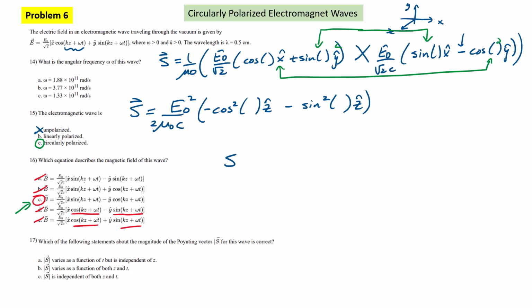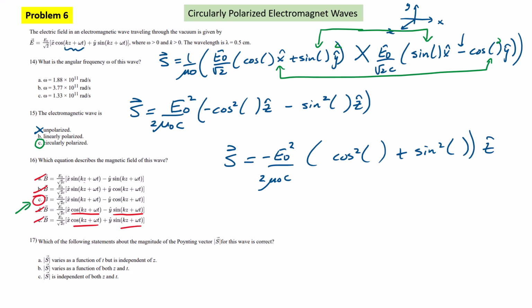All right, we are now at the final expression. We get E0 squared over 2 mu 0 c. I'll bring the negative sign in the front. And look what we have here: cosine squared of this entire argument plus sine squared of that entire argument, multiplied by z hat.